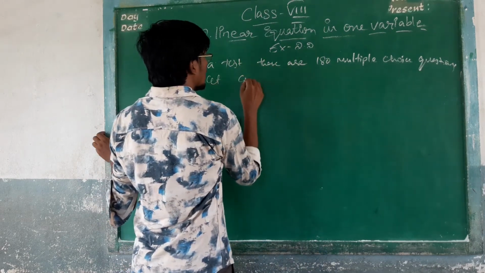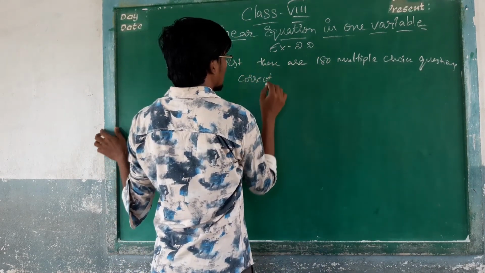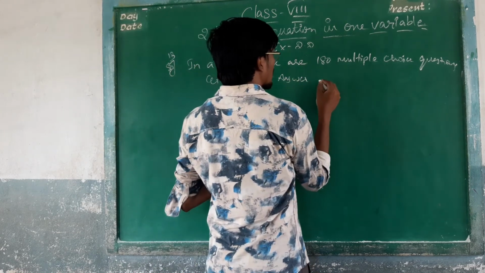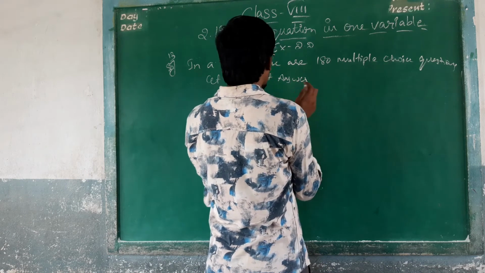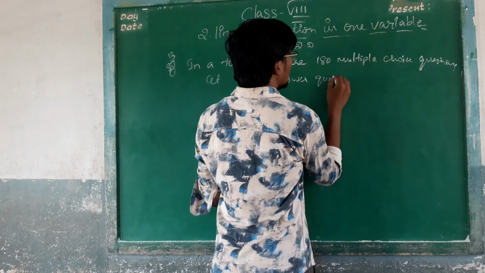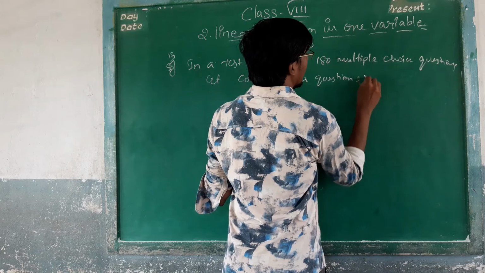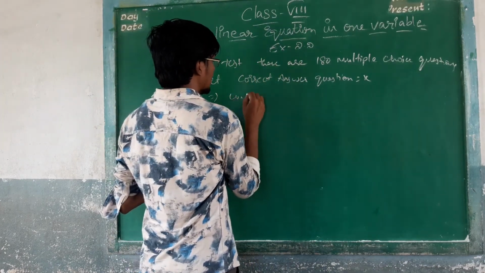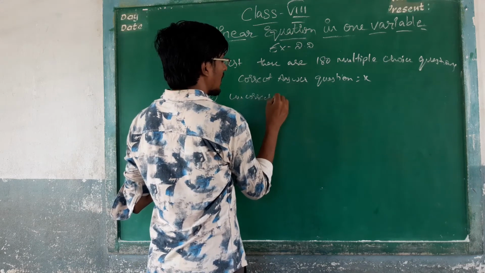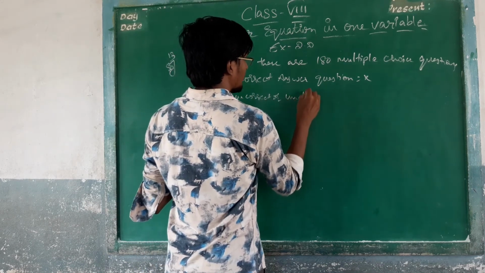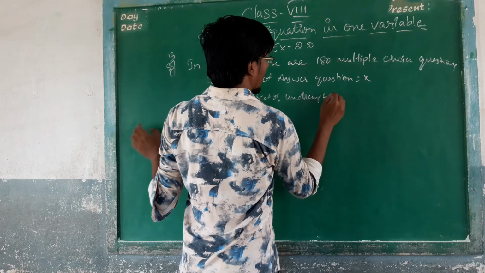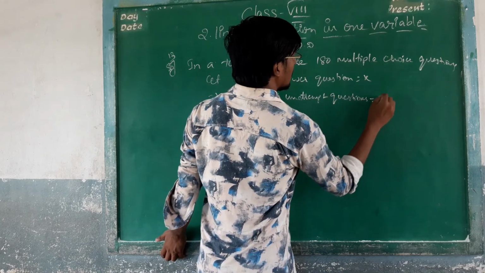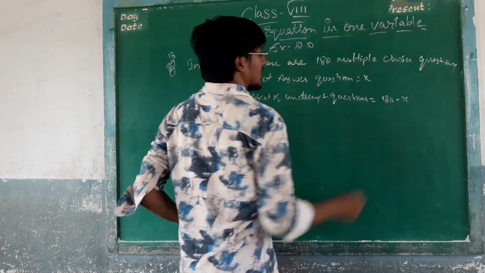Let the correct answers be x. That implies incorrect or unattempted questions equal 180 minus x.